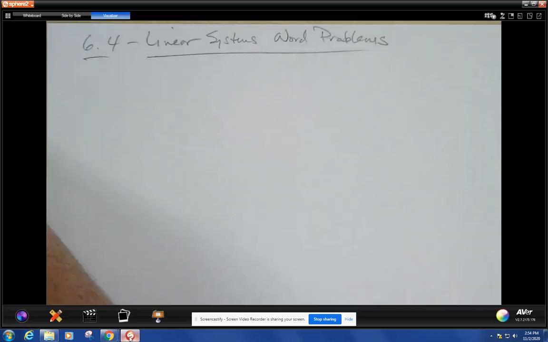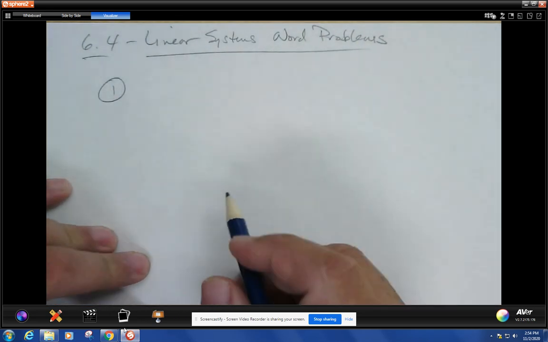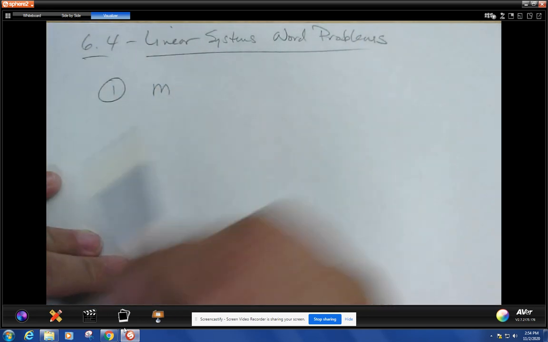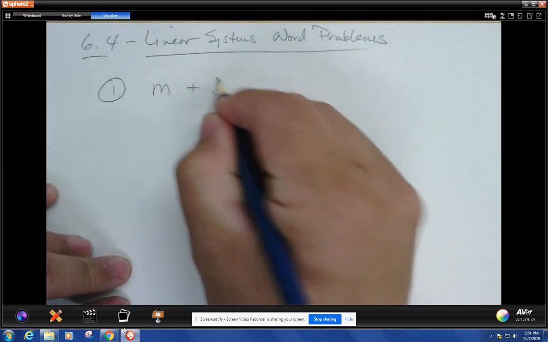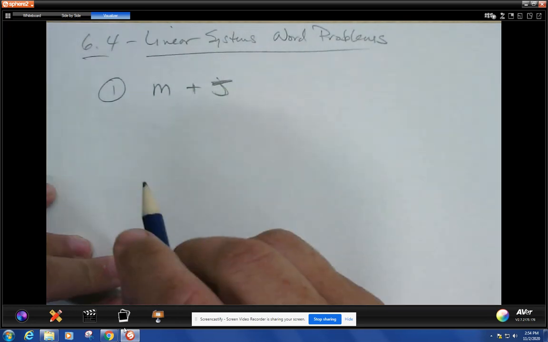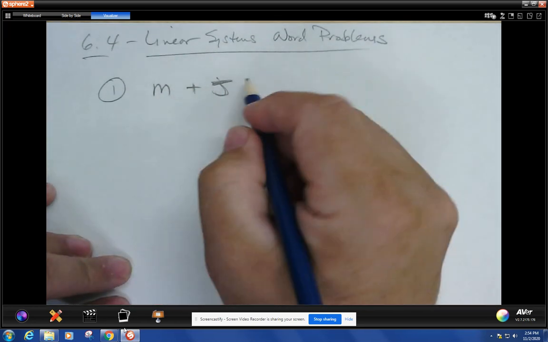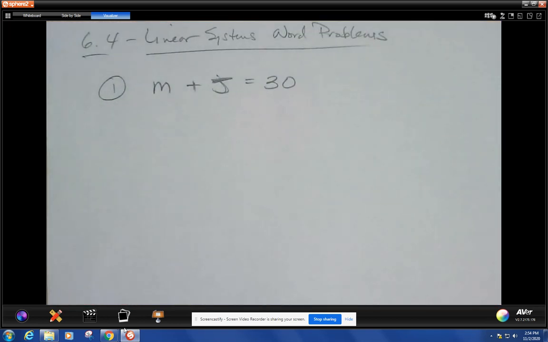So I want you to see that's what we're going to set up as our first equation here. So this is number 1, and we'll just use M for Mike. Let's keep it simple on ourselves. And J for Jasmine. So M plus J, we know that if I combine their 2 ages, it is going to equal 30, correct? All right, so we have the first sentence kind of laid out as an equation.